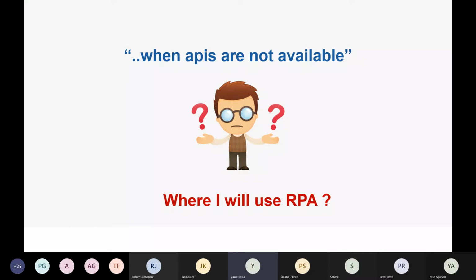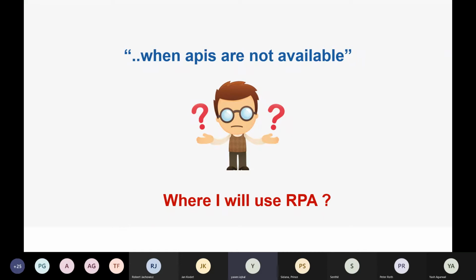That will be another scenario when we will consider RPA as a way of providing solutions. And of course, cost is another reason. A few times it might be too costly to develop APIs. And the last reason which I want to add here is sometimes we may not have sufficient skill to develop an API.